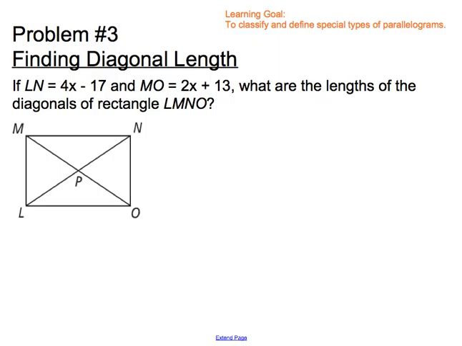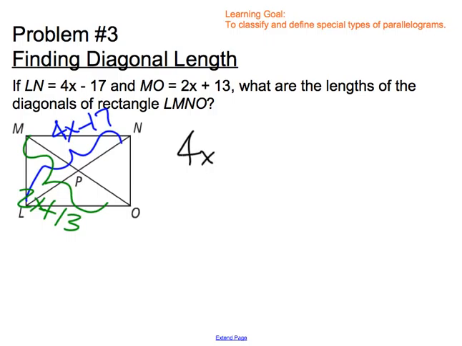If LN is 4x minus 17, so we have this total length right here is 4x minus 17, and we have MO, which is given by 2x plus 13, and we know that these are diagonals of a rectangle, we can set them equal to each other. So we have 4x minus 17 equals 2x plus 13.